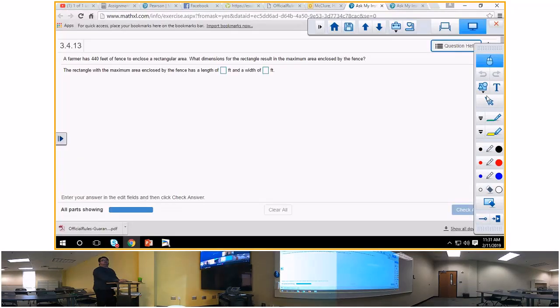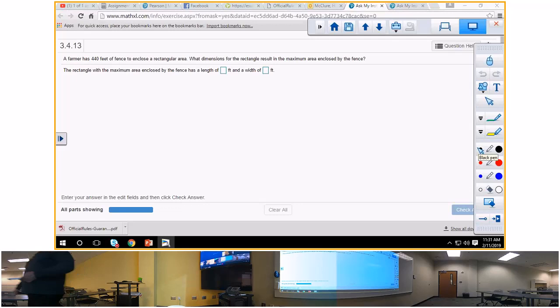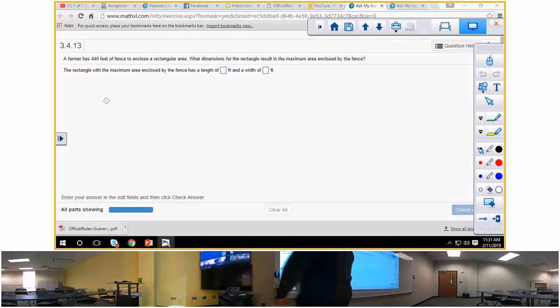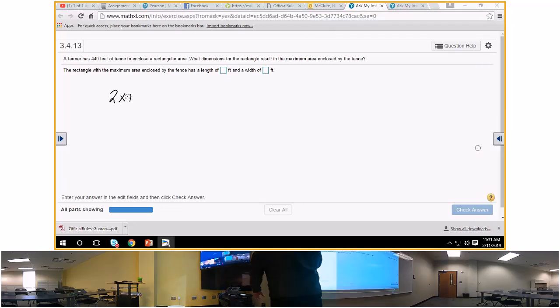Okay, this one says a farmer has 440 feet of fence to enclose a rectangular area. So rectangular perimeter: 2x plus 2y is equal to 440. That's perimeter. You can say 2L plus 2W if you wanted to.